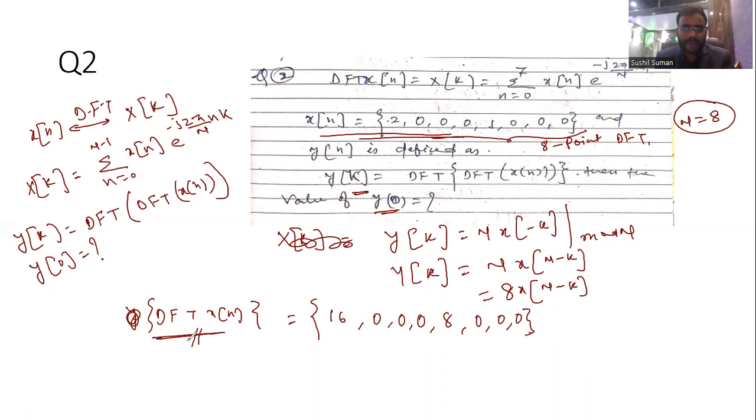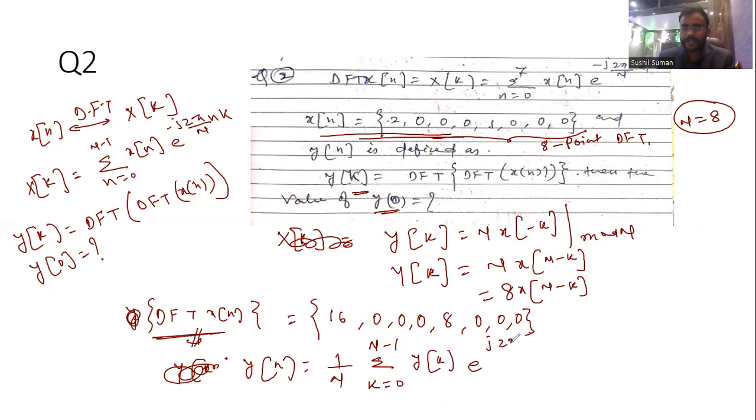Now we have to find this DFT. The inverse DFT for y of n becomes 1 by N, summation running from k equal to 0 to N minus 1, y of k e raised to power j 2 pi by N into nk.